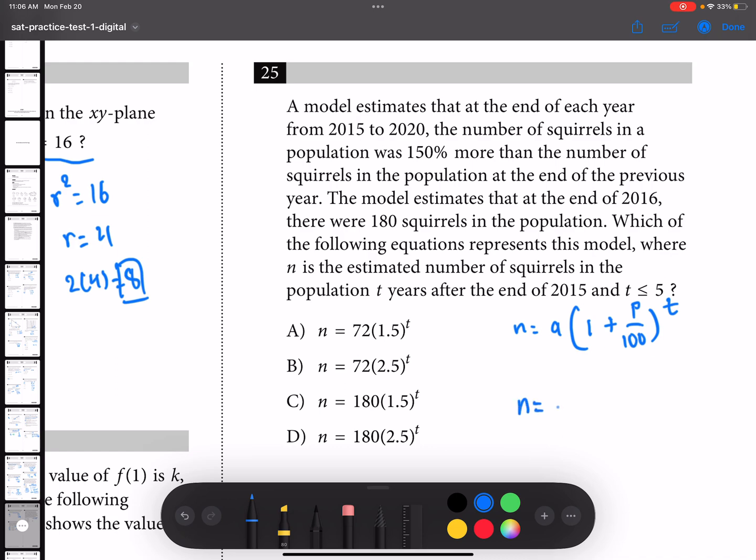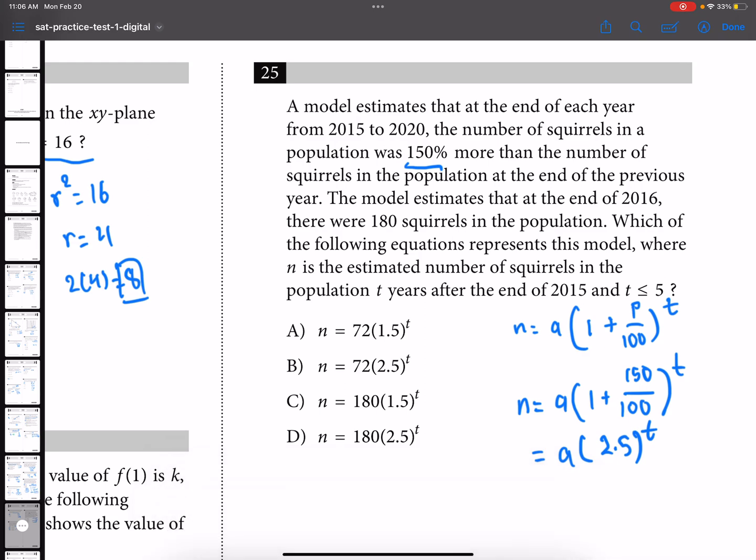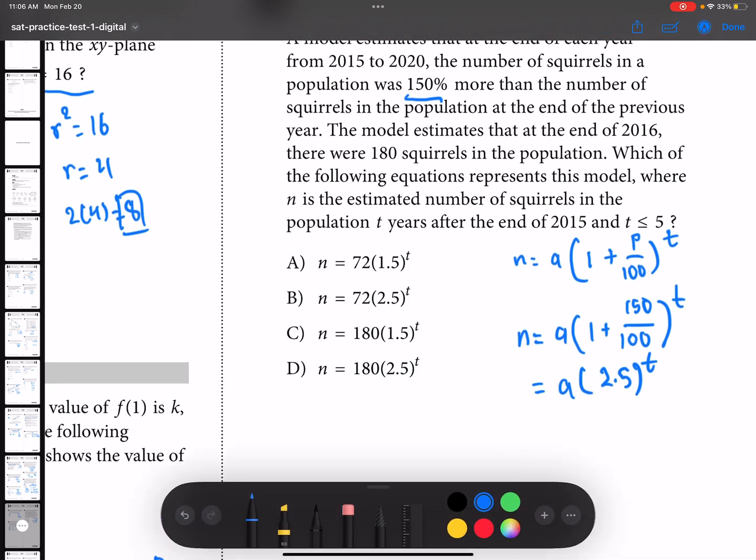So that means N is equal to A times 1 plus 150 over 100, because 150% over 100, to the power of T. So that means this would give us A times 2.5 to the power of T. And now because at the end of 2015 there were 180 squirrels, this means that 180 is equal to 2.5a, because t is equal to 1.